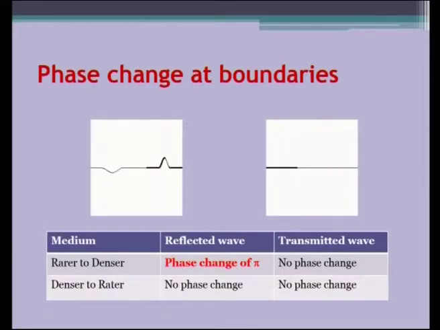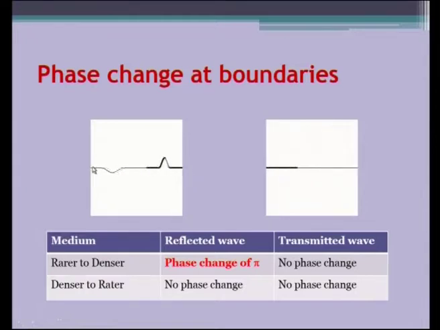Now, instead of fixing the ends or keeping it free, if it is continuing with a different medium, maybe a different density, what will happen? So, let us take it up for discussion. In the case of a boundary, what will happen? See, here there is a thin string and there is a thick string attached to it afterwards.